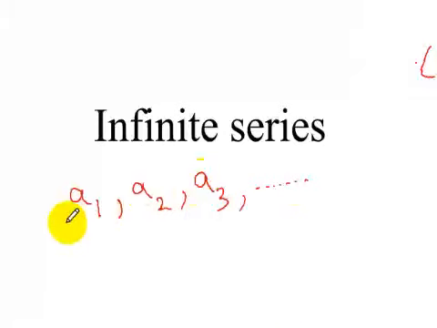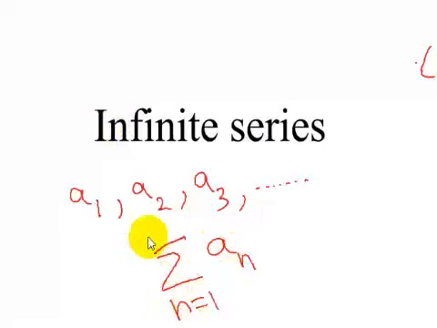So if you add up all these numbers, we get an infinite series. This is a general term, a sub n, n goes from 1 to infinity.